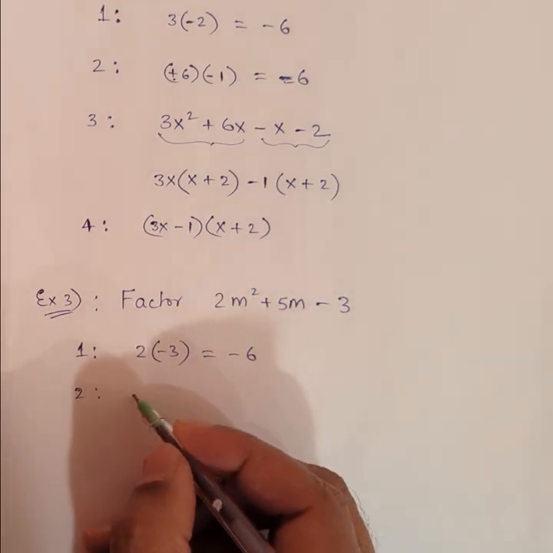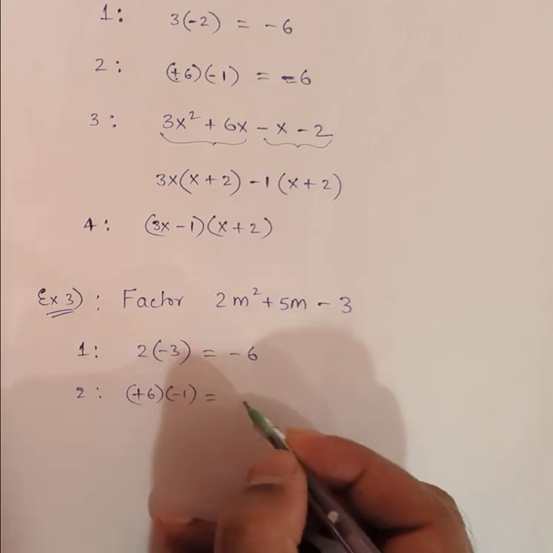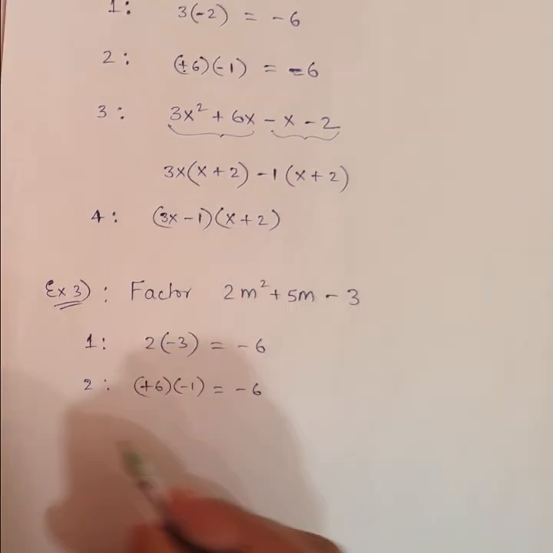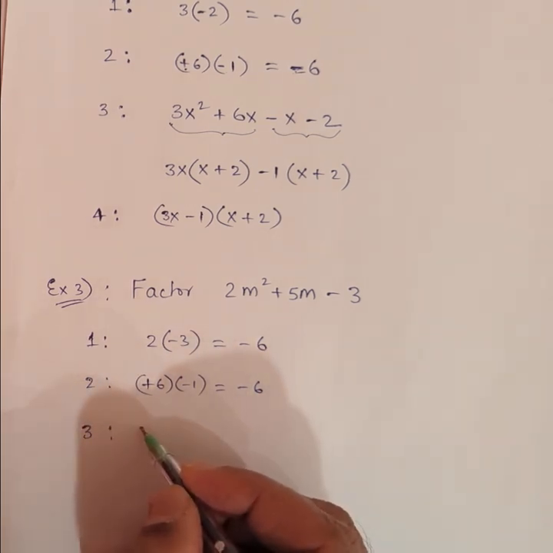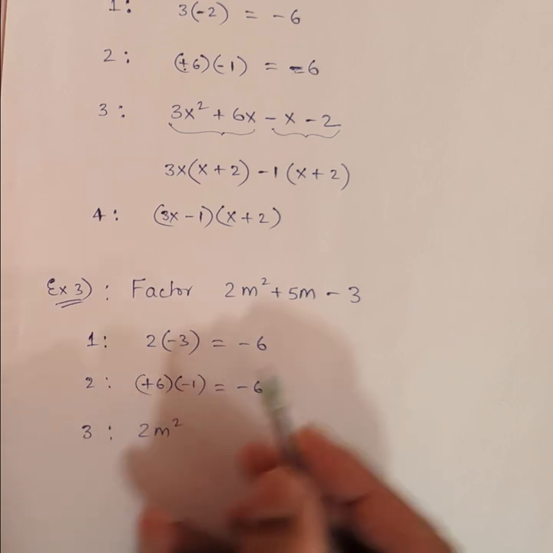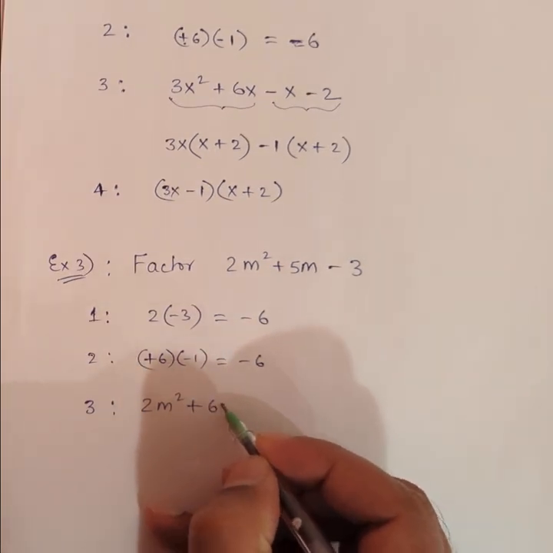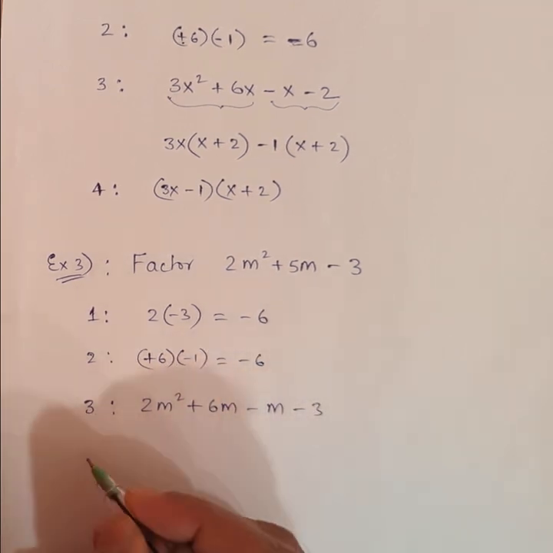So this time I'm going to write, it's positive 6 times negative 1. That's how I want to think of negative 6. And in step 3, it's going to be 2m squared, 5m I should write as plus 6m minus 1m, or just m minus 3.